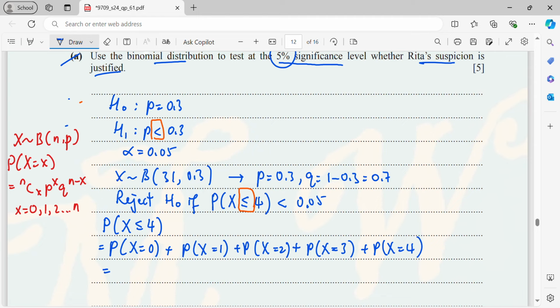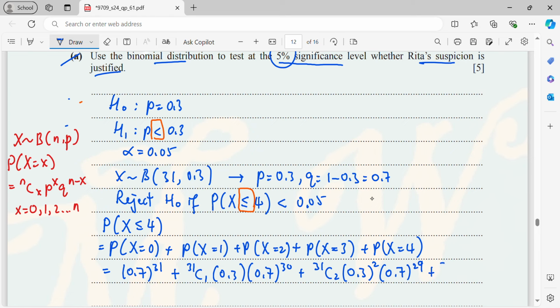So when X goes to 0 means that no success, means all failures, 0.7 to the power of 31, plus 31C1, 1 success, and then 30 failures, plus 31C2, so it means 2 successes, 2 days she can see that kind of bird, 29 failures, then 31C3, 0.3 cube, 0.7 to the power of 28.